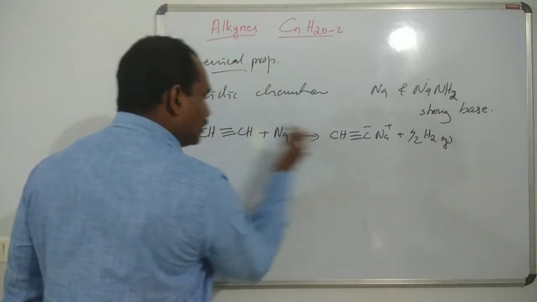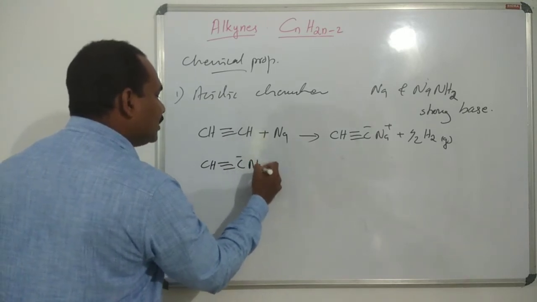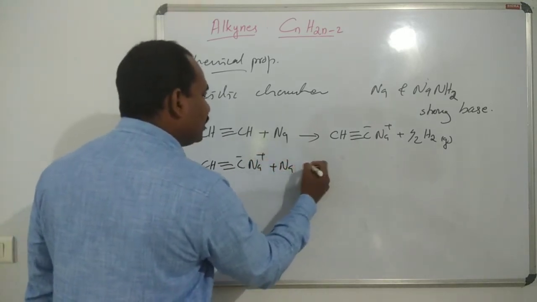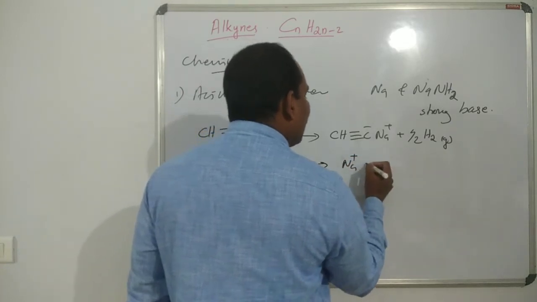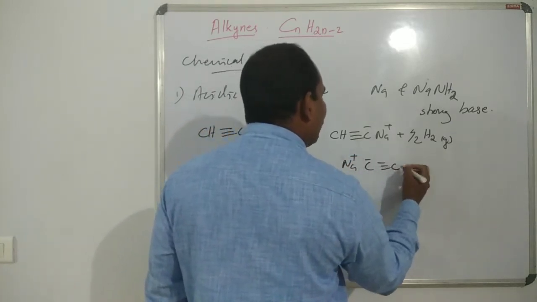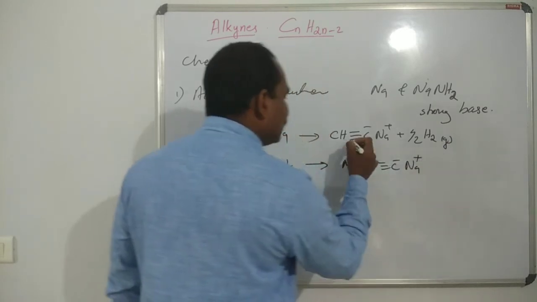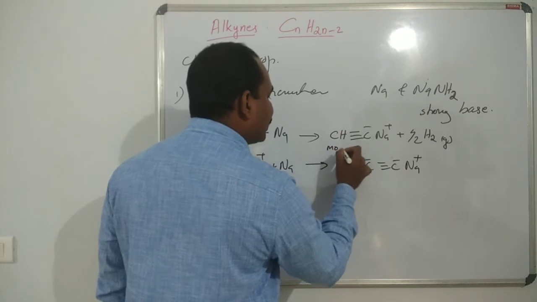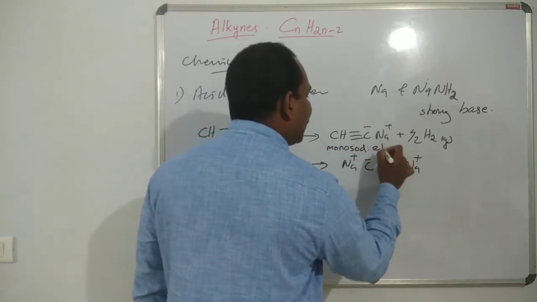And one more hydrogen is here. CH triple bond C minus Na plus, plus Na gives Na plus C minus triple bond C minus Na plus. This is monosodium ethanide.